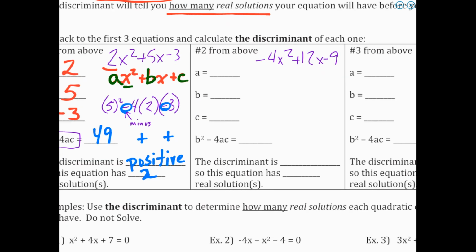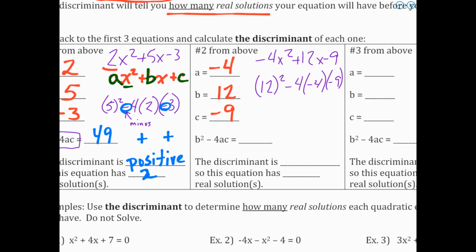Now if we do this next one, what is my A for the second one? -4. -4, 12, -9. When I substitute in, I'm going to have 12 squared minus 4 times -4 times -9.